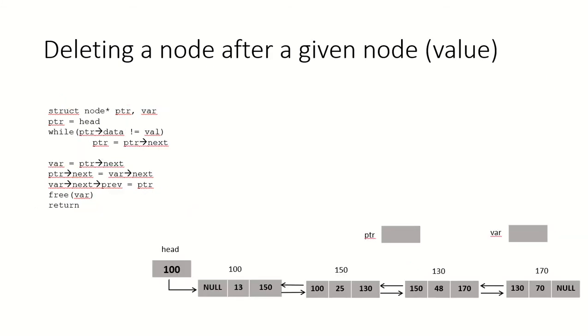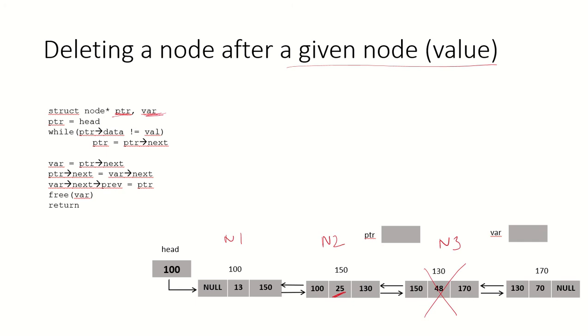Let's see how we can delete a node after a given node value. Suppose we have to delete a node which is after a value of 25. That means if this is N2, then N3 is to be deleted. So we will have a node pointer PTR and a node pointer which we call var.